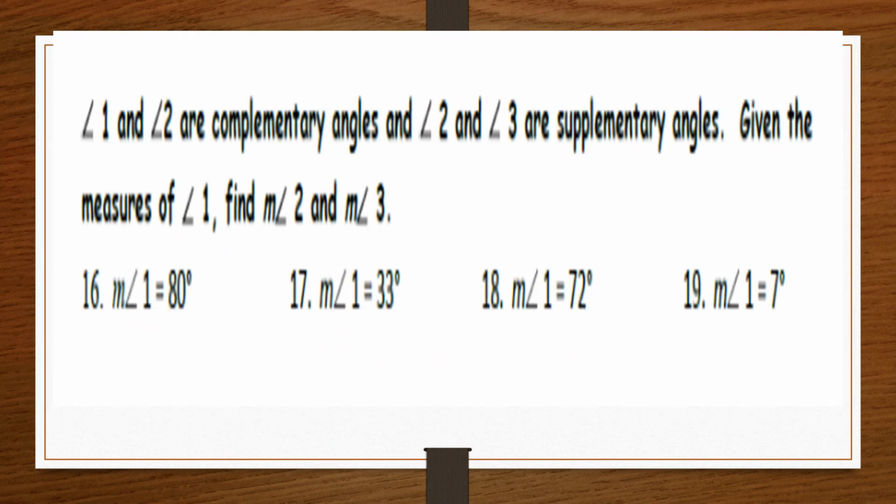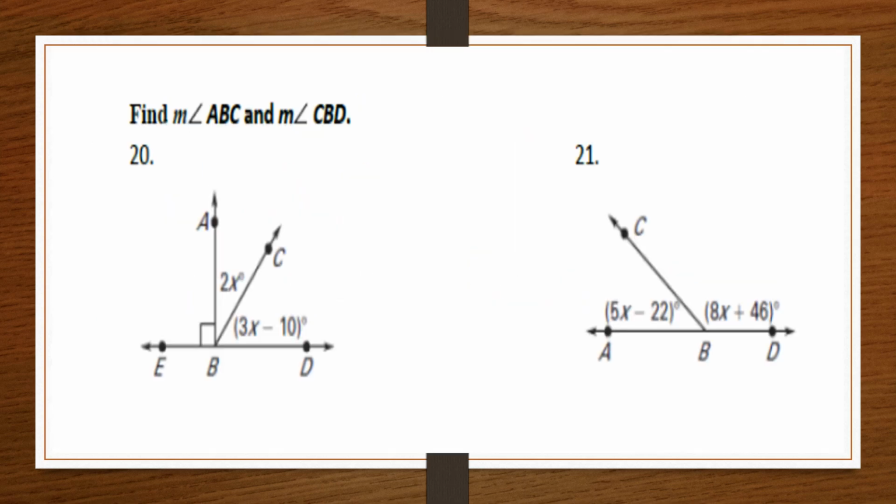Angle 1 and angle 2 are complementary angles, and angle 2 and angle 3 are supplementary angles. Given the measure of angle 1, find the measure of angle 2 and the measure of angle 3. You need to get the complement and supplement of each angle. It's very easy.